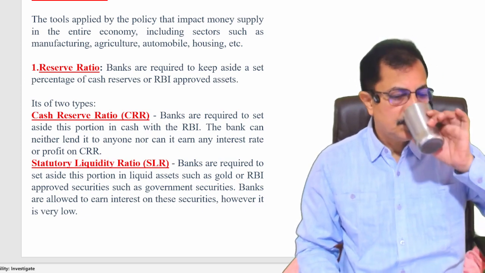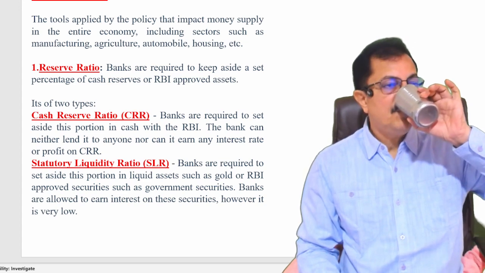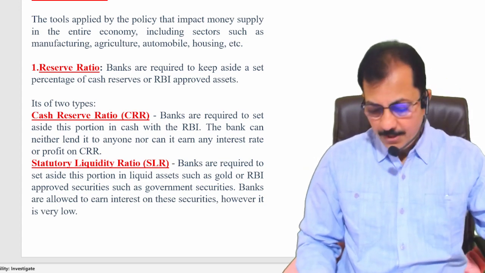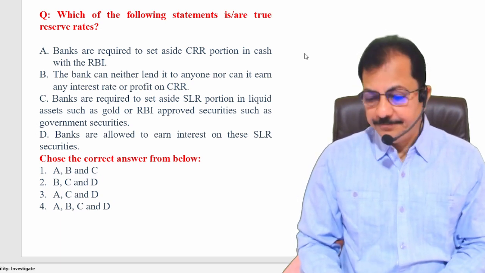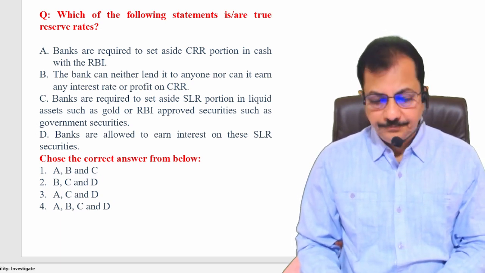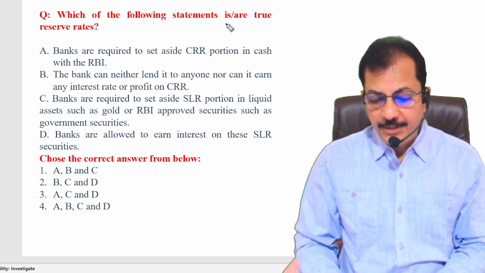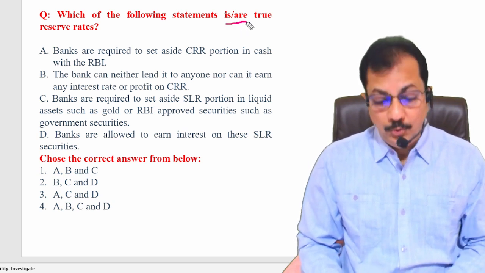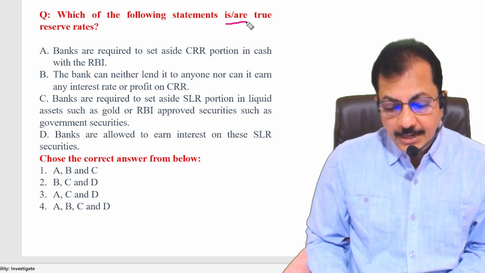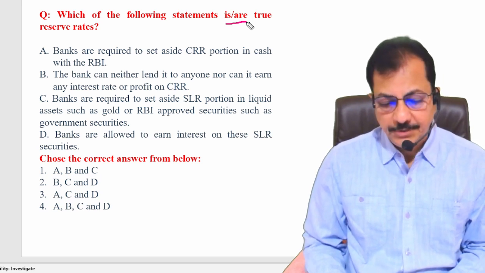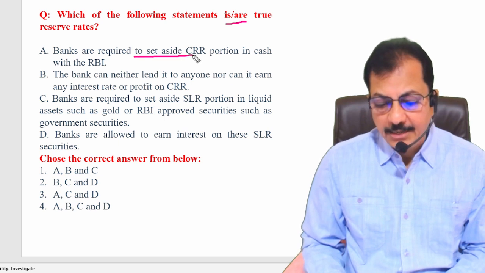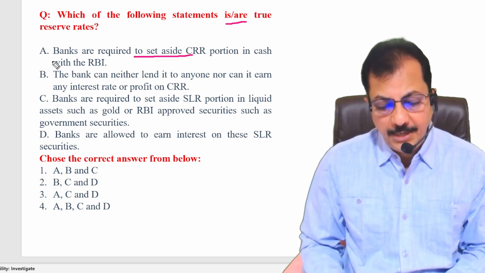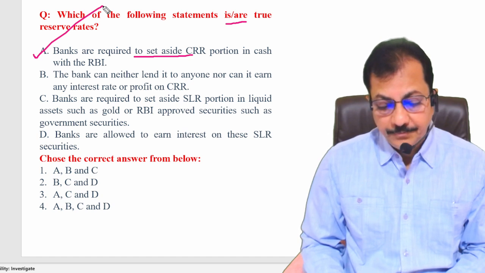Look at this. Next, we have another question here. Look at the question. Which of the following statements is true regarding reserve ratios? Statement A: Banks are required to set aside the CRR portion in cash with RBI. Yes, we know that one.